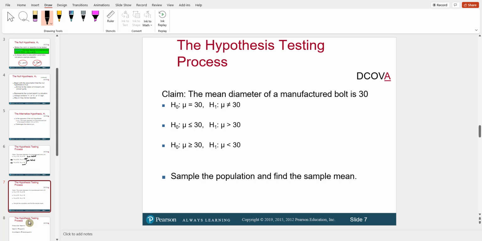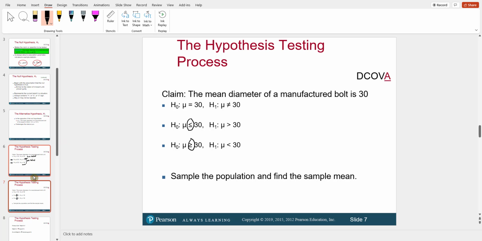As I stated earlier, your null hypothesis will always have an equal to sign. So you don't necessarily have to put this when you do your test. You can always just use an equal sign. It's always an equal sign for the null hypothesis. But less than or equal to or greater than or equal to, depending on the test, will be okay.